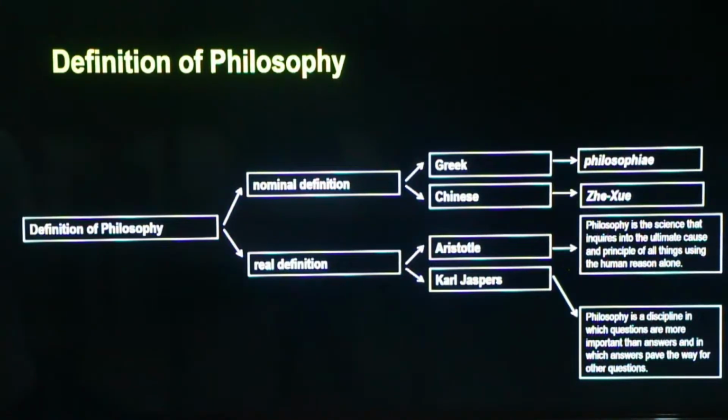Next is the real definition given by Karl Jaspers. Now, Karl Jaspers, by the way, is a contemporary philosopher, and he defined philosophy as a discipline in which questions are more important than answers, and in which answers pave the way for other questions.